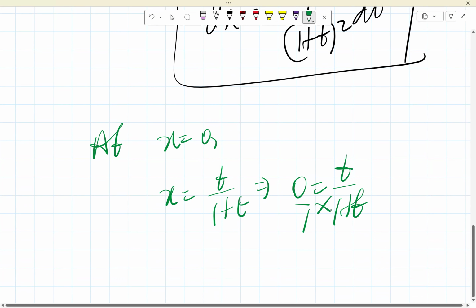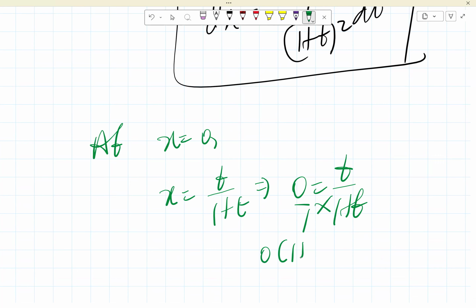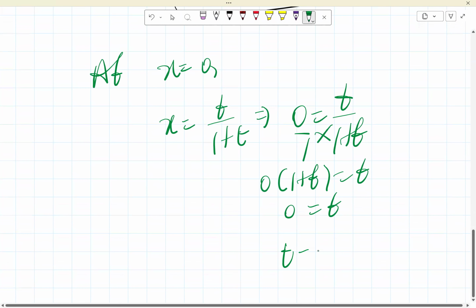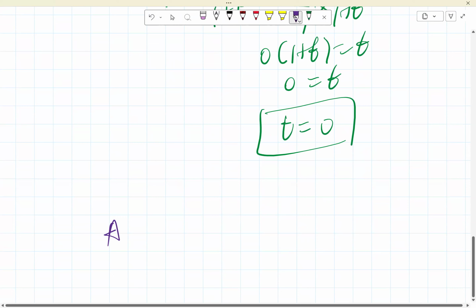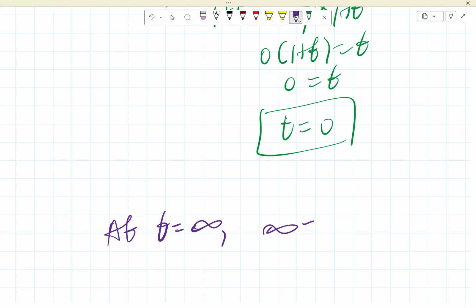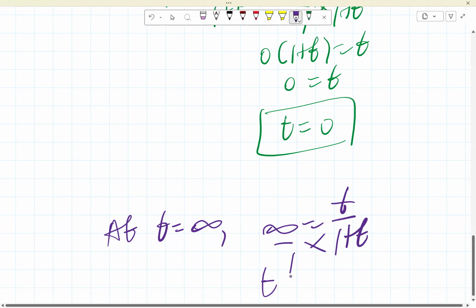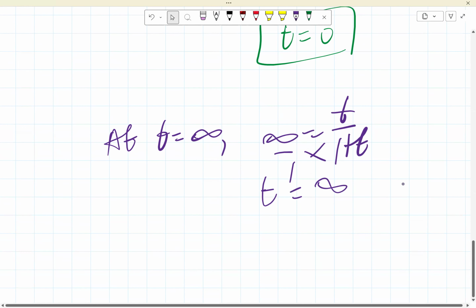If we cross multiply, we have 0 into 1 plus t equals t, so 0 equals t. So the 0 is preserved; t is 0 at that point. On the other hand, at x equals infinity, we have infinity equals t all over 1 plus t. If you cross multiply, t is simply equal to infinity. So the limit doesn't change. It remains from 0 to infinity.